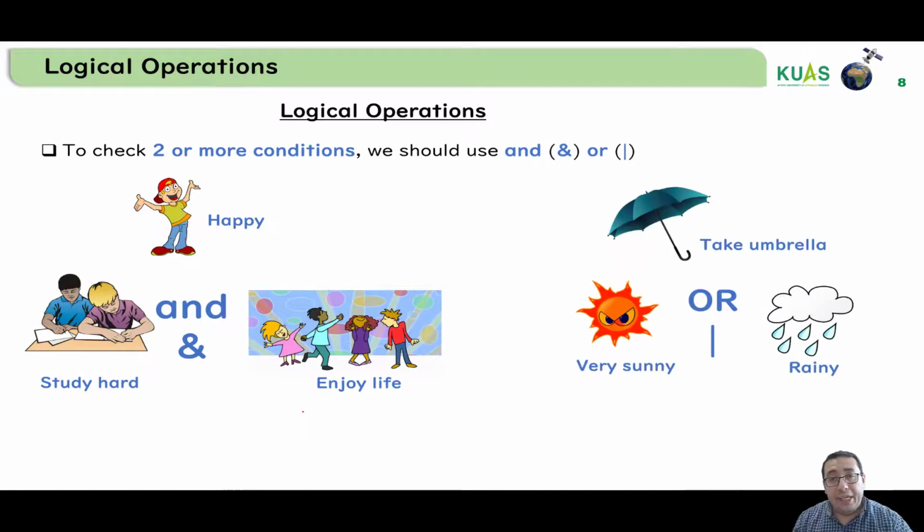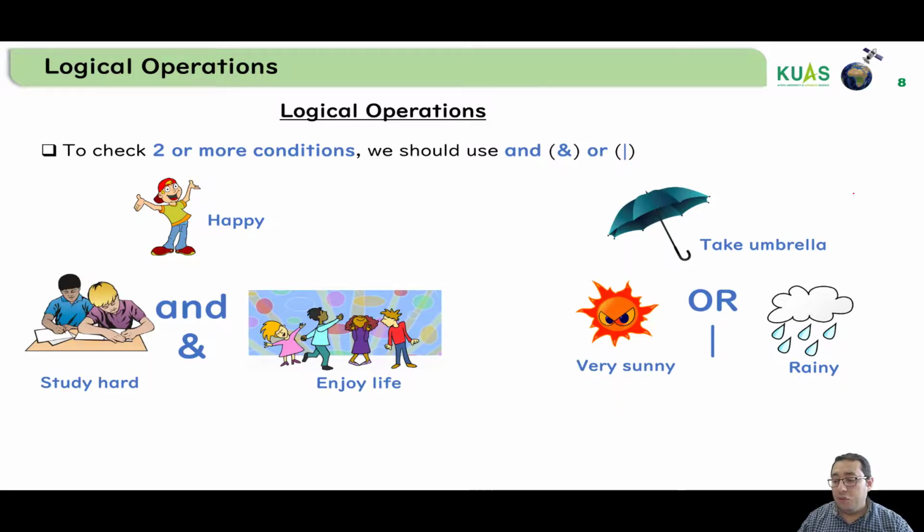For the OR case, for example, if I say we need sometimes an umbrella if the weather is sunny, very sunny, so it's very hot, or it's rainy. So if today is sunny and today is rainy, in both cases achieved, I will take the umbrella.